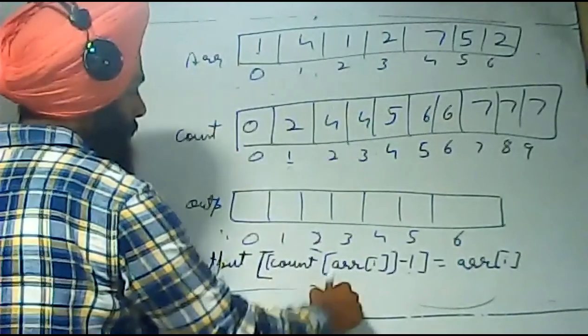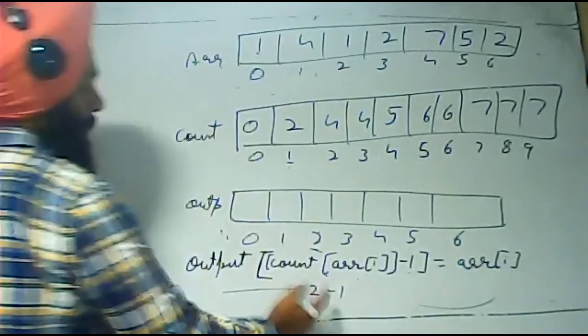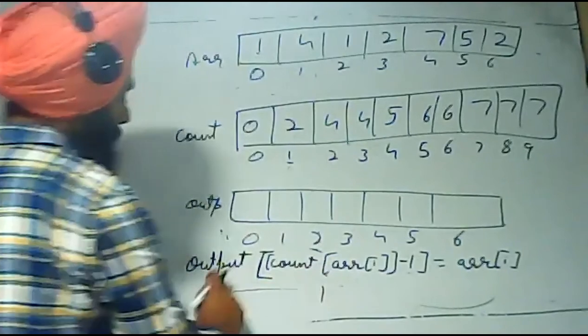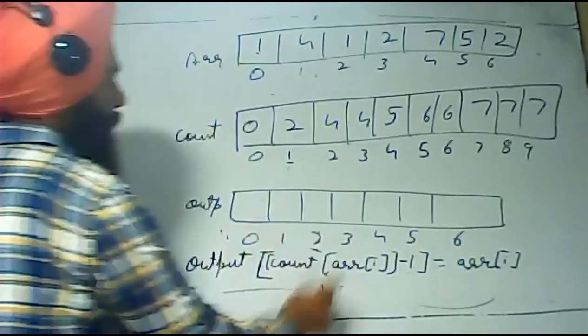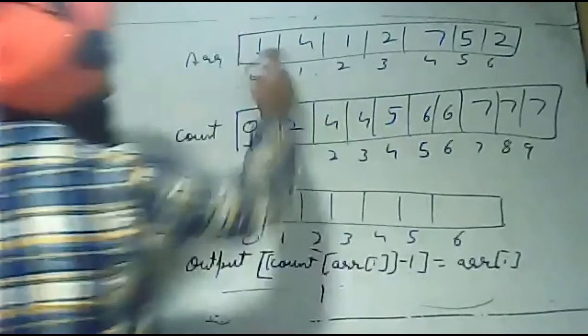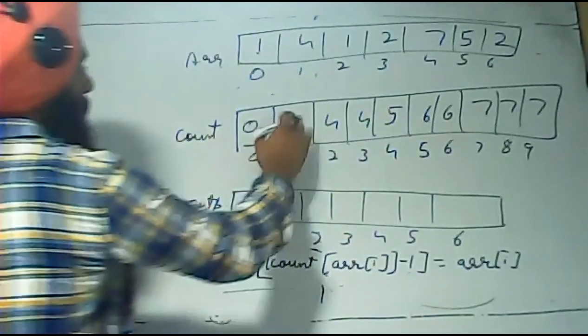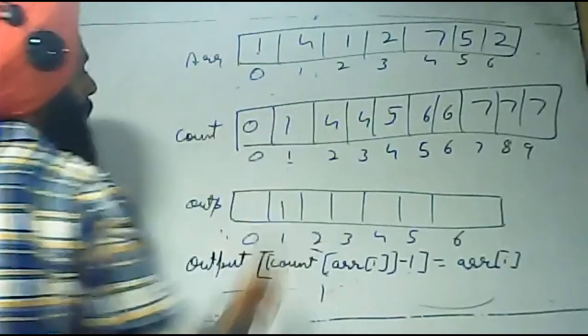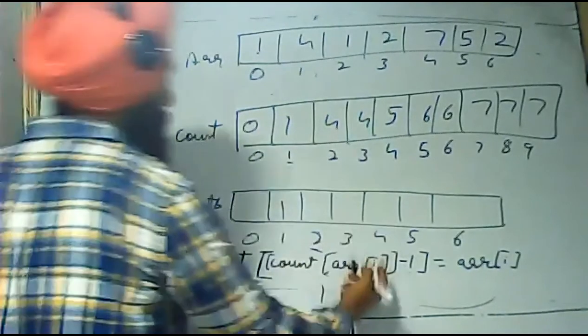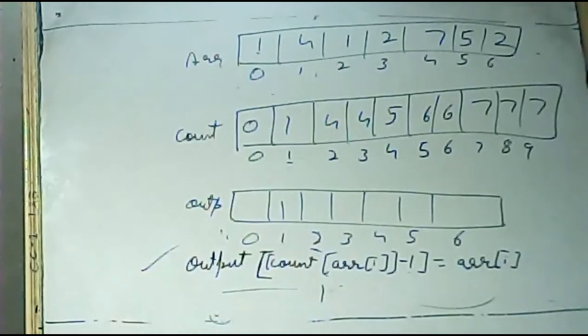Now we'll subtract 1 from it. That is 1. So at output's 1 position, we will store what element? A of 0. That is 1. So we'll store 1 here. Okay. And reduce the count by 1. So it will keep on doing this until our array is finished. So that is how it is done. So that is our counting sort.